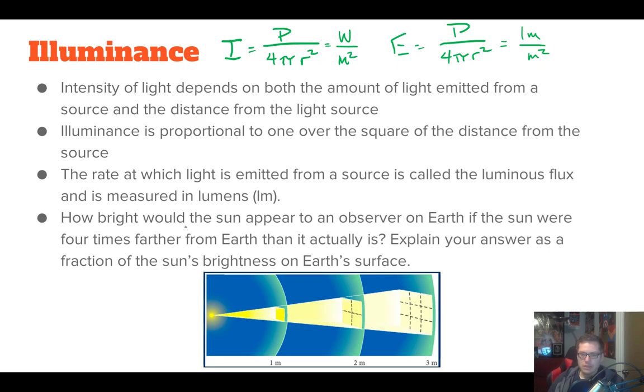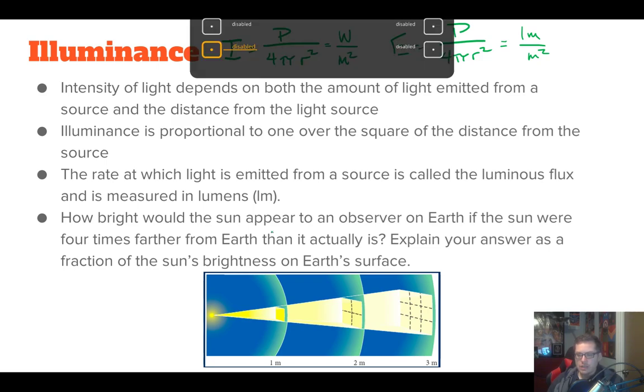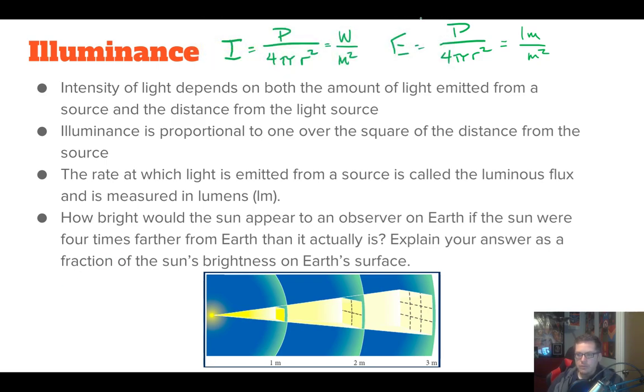So then we ask the question: how bright would the sun appear to an observer on Earth if the sun were 4 times farther from Earth than it actually is? Well, our formula looks like this: illuminance equals power over 4 pi r squared. If we plug in 4 for the radius, because we're getting 4 times farther away, it would be power over 4 pi times (4r) squared, which becomes power over 4 pi 16 r squared.